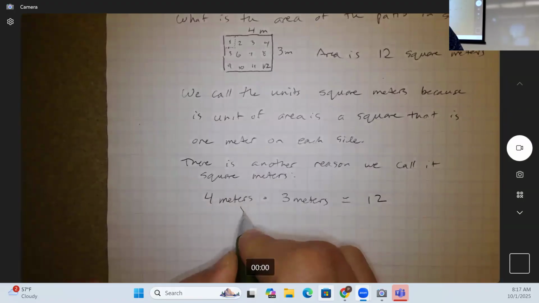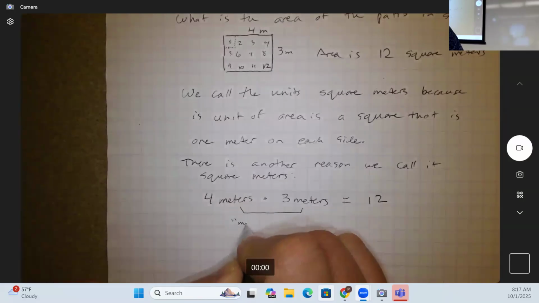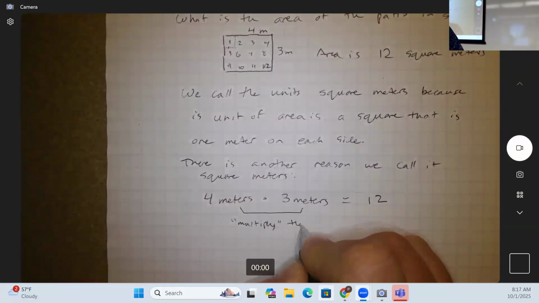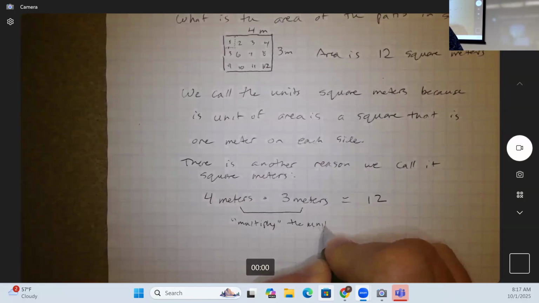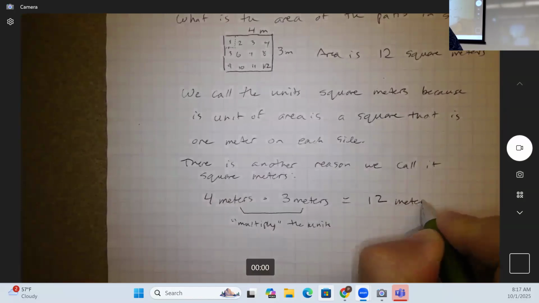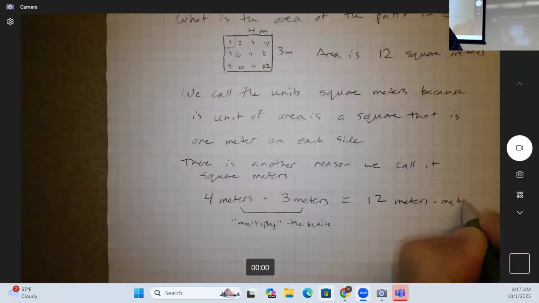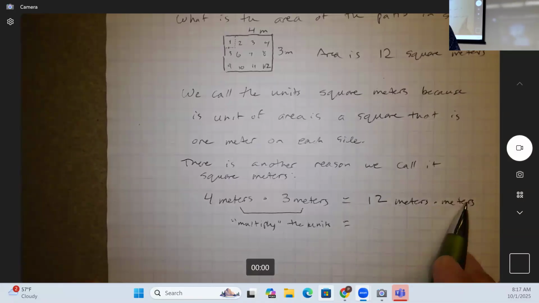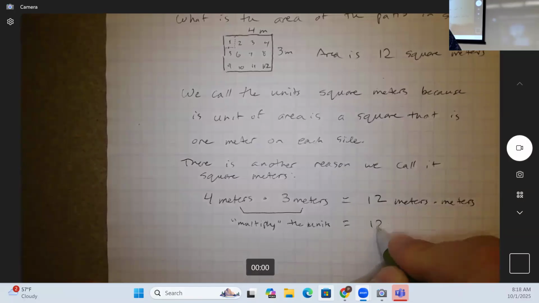But I also multiply, in quotation marks, the units. So that becomes meters times meters. And we have a word when we multiply something by itself. We say we square it. 12 meters squared.